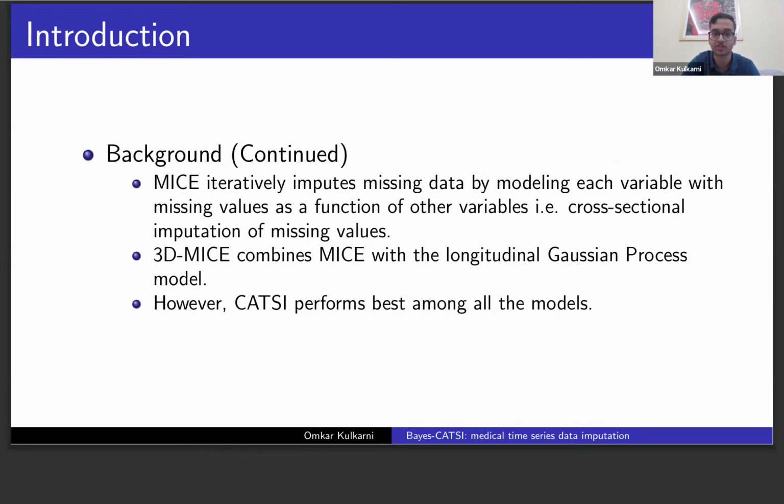That is cross-sectional imputation of missing values. 3D MICE combines MICE with longitudinal Gaussian process models. However, the authors of CATSI showed that CATSI performs the best among all the models.